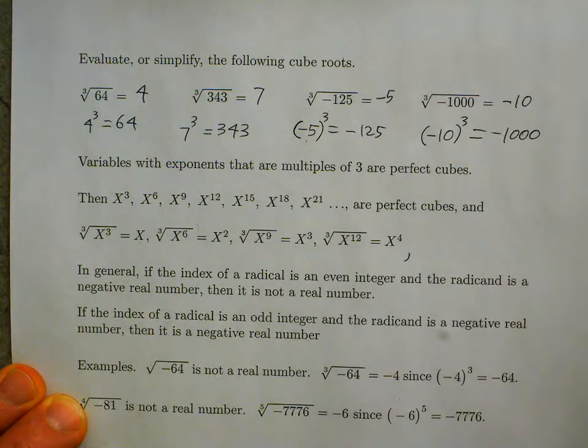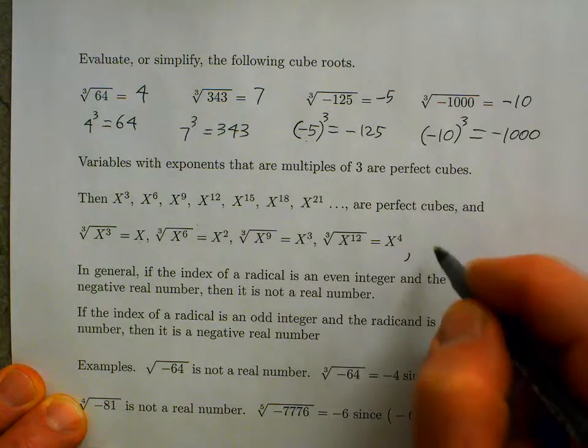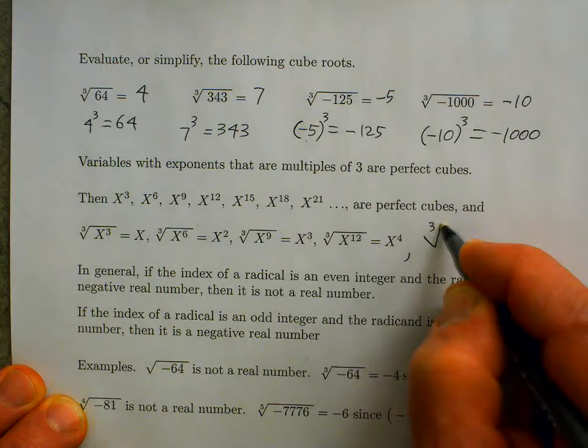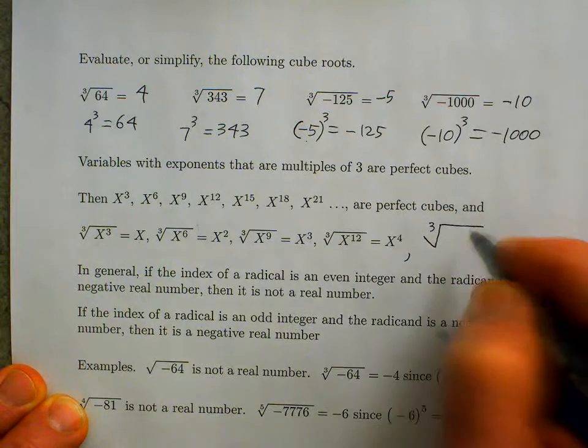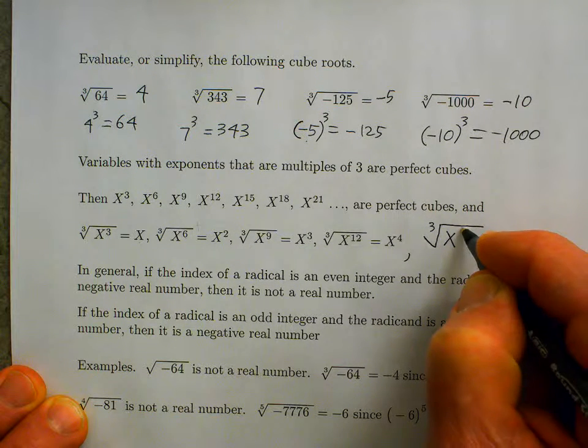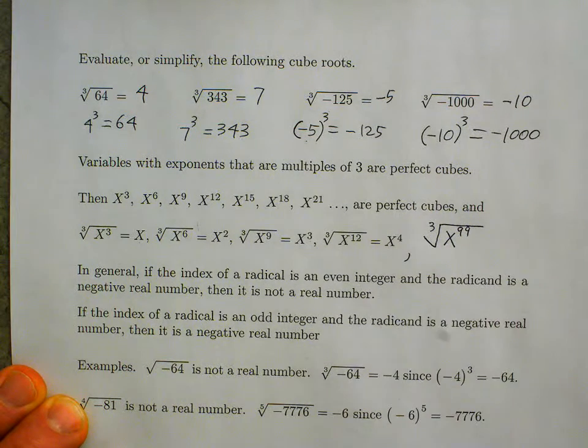If you see the pattern, you can simplify cube roots of variable parts with larger exponents that are multiples of 3.